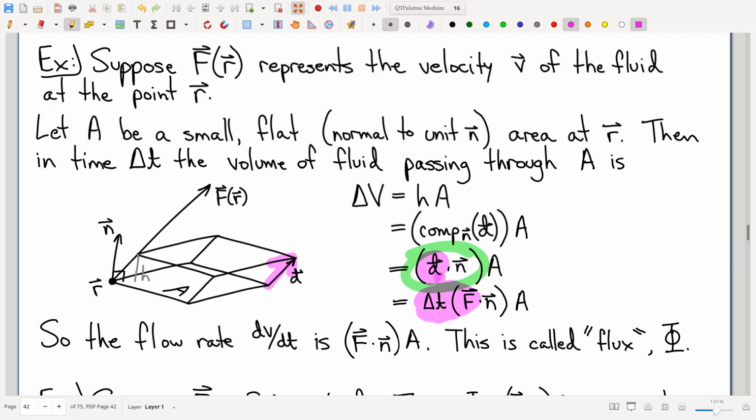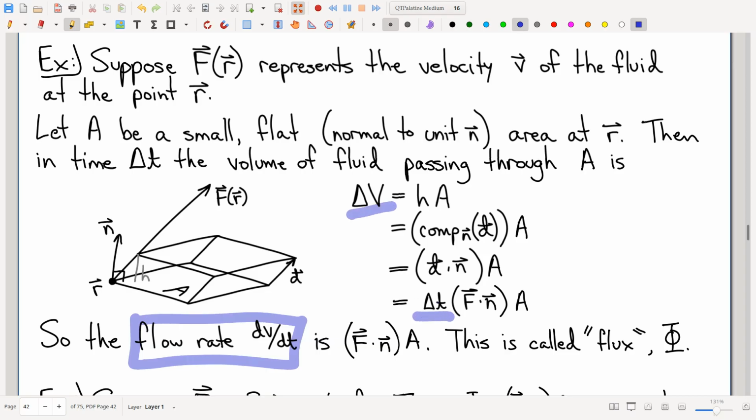And we're basically done here because the original question was to find flow rate, so volume per unit time. Well, there's volume and there's the amount of time that it took to produce that volume. And so volume per unit time is this right here. That's our flow rate. F dot N times the area.